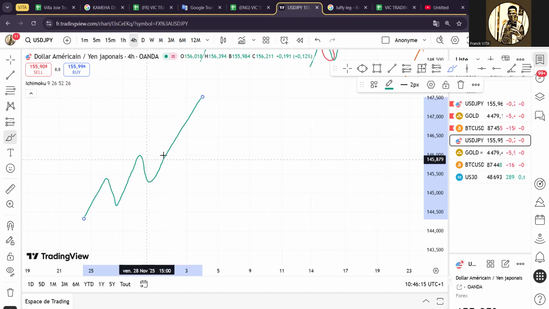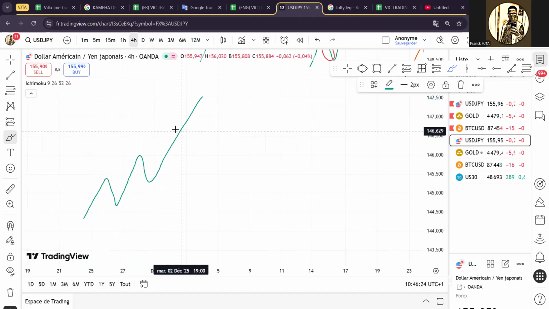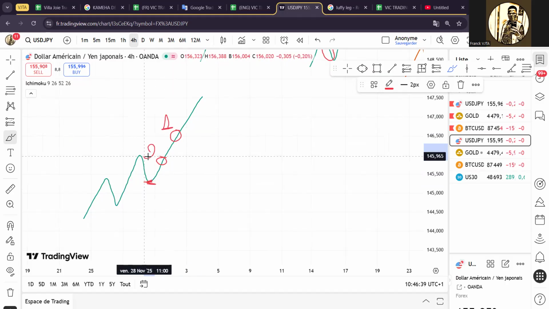So now you can have one red candle here, another red candle here, and then you have the bottom of the Luffy leg at this level. The market will stop, first of all, a little bit at the number one, at the first red candle, then the second candle.